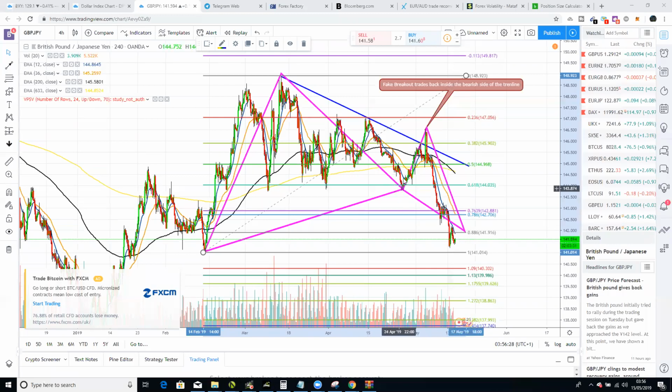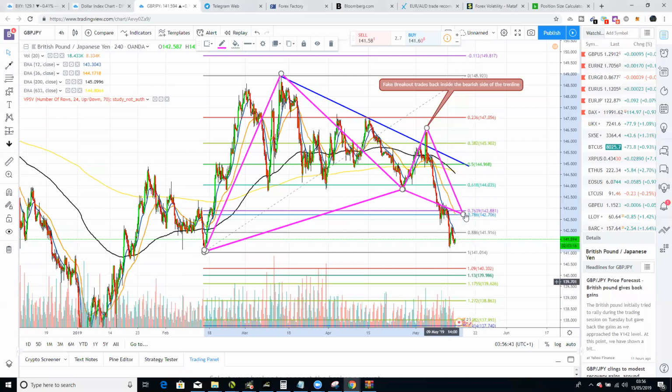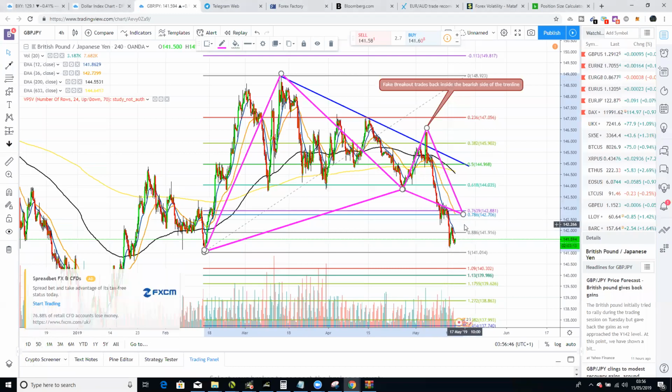All right. So we can't trade this as a bat pattern. We know this is a gartley pattern, and then we will be looking for that to be at 78.6, which is right there. Okay. So that would have been the right place to put our D point.